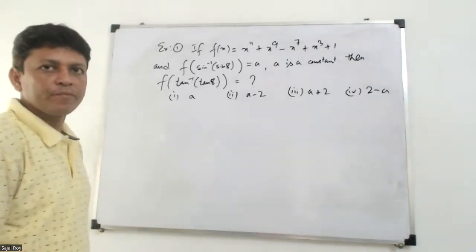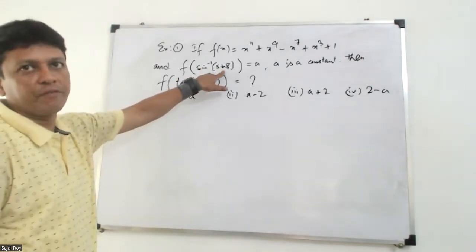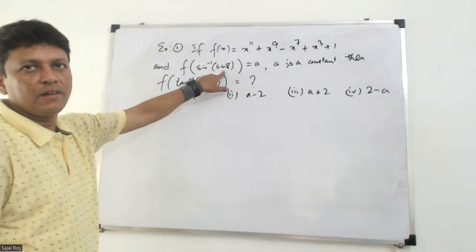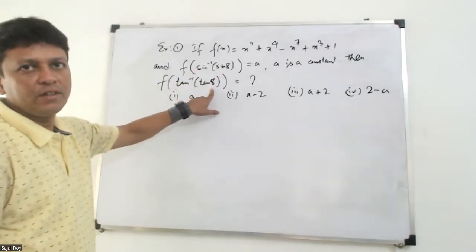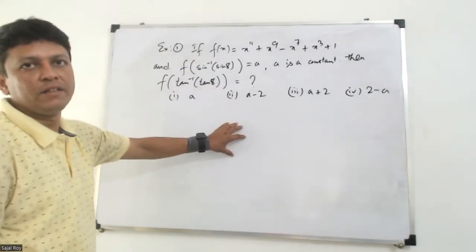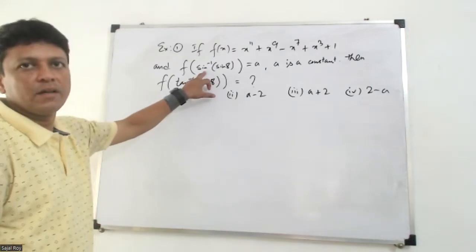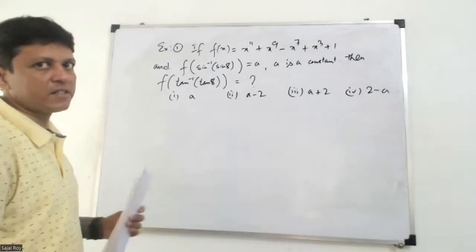Okay, so already you have a knowledge of the sin inverse sin x graph, and also you have a knowledge of the tan inverse tan x graph. Those graphs will help you to answer the question very quickly, because this is the main portion. So what is your sin inverse sin x graph?